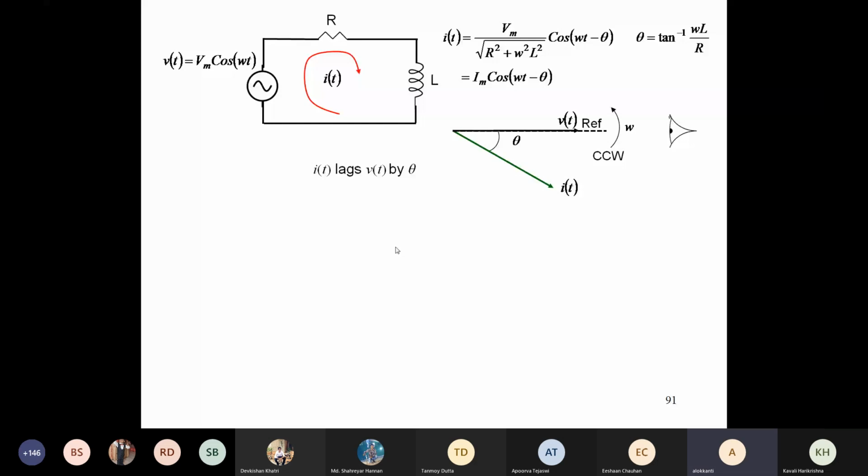Or you can also tell i(t) leads v(t) by 360 minus theta, but it is telling the same thing. So the lead-lag is a relative concept. You have to consider somebody ahead and then tell the other one.